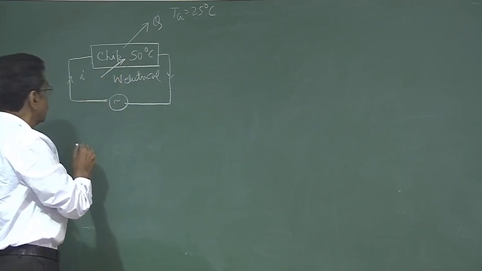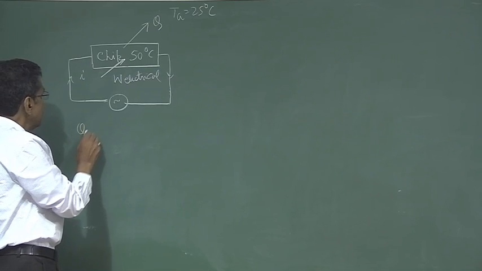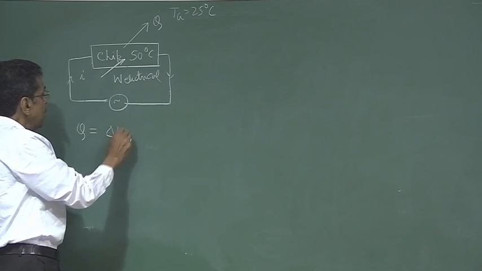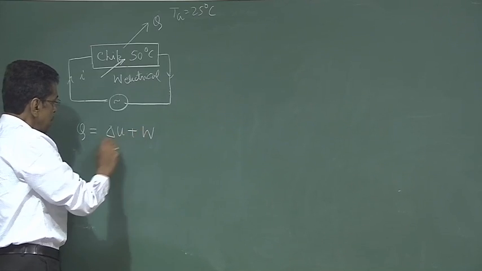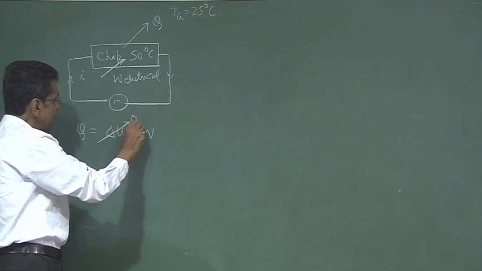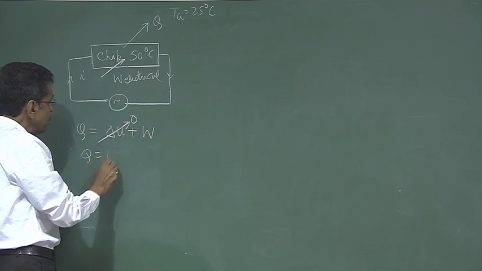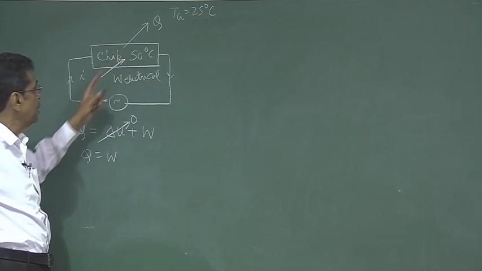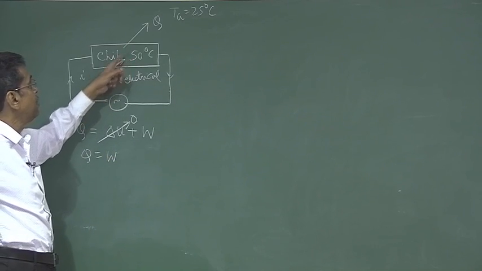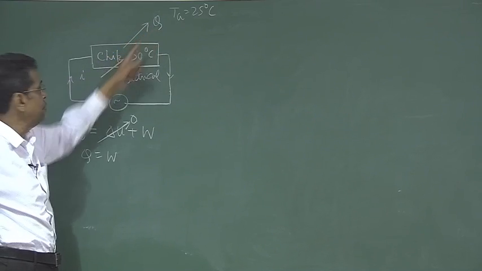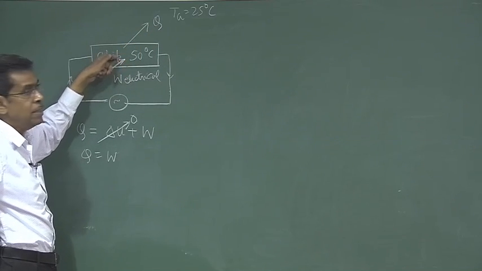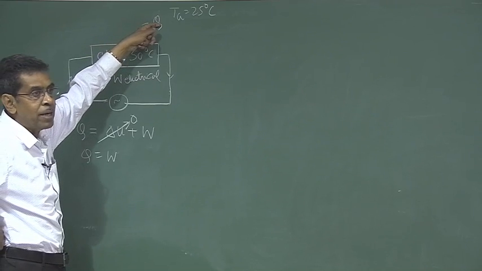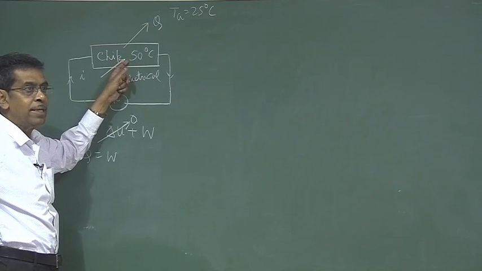That means by the first law, Q is equal to delta U plus W. The chip is at steady state, which means delta U is 0. That means Q equals W. It is from common sense that to keep the temperature constant for the chip, the electrical work added must be equal to the heat transfer. Electrical work changes the internal energy, but at the same time the heat transferred out keeps the internal energy the same.